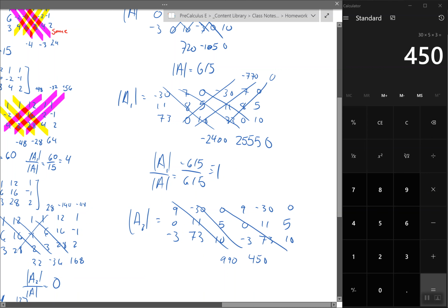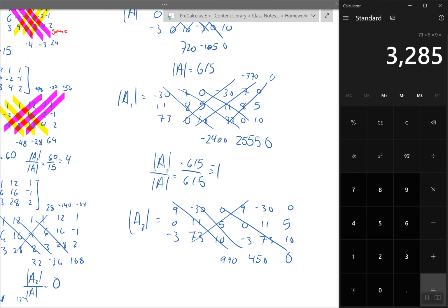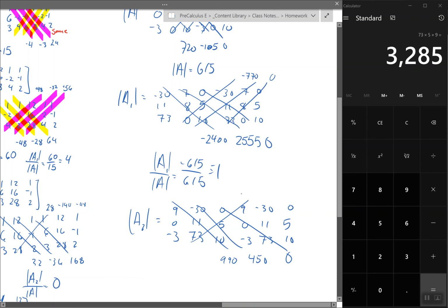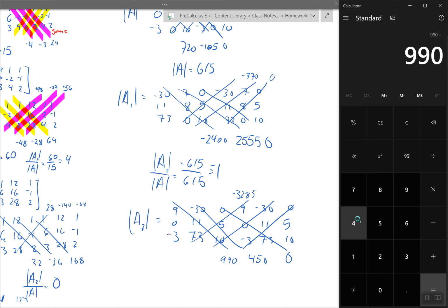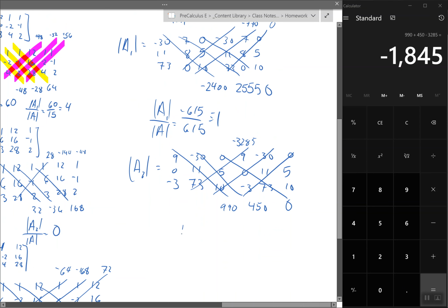This is a 0. 73 times 5 times 9, and it's going to be a negative 3285. That's a 0, that's a 0. So we have 990 plus 450 minus 3285, which is negative 1845. And if we divide that by the original determinant, it should be negative 3.